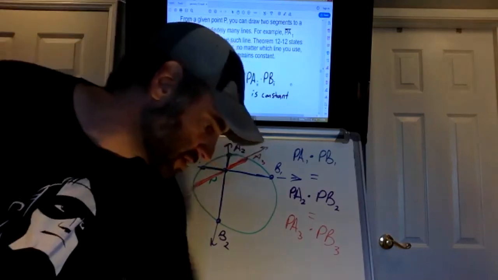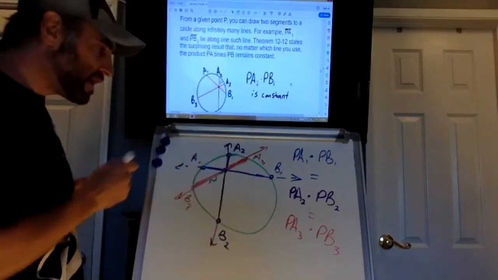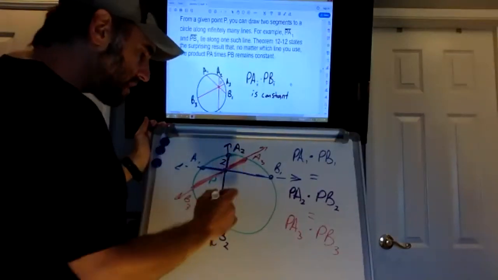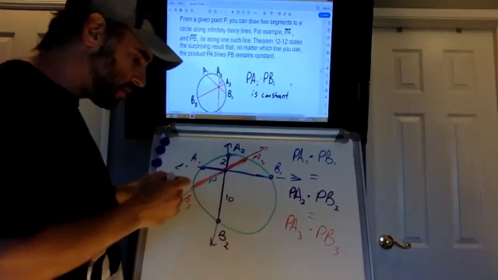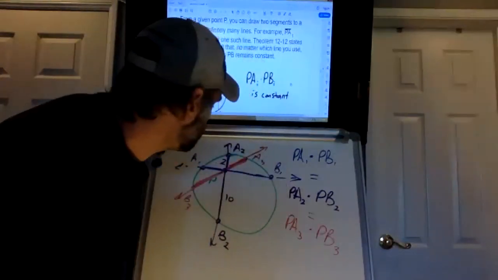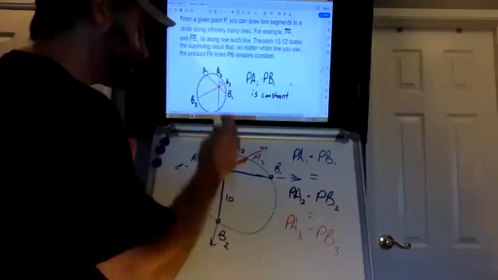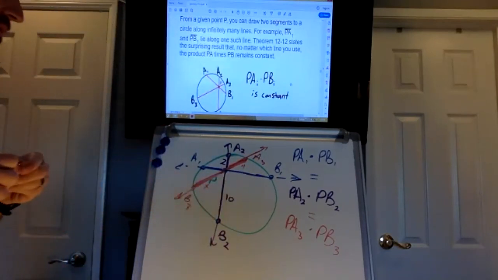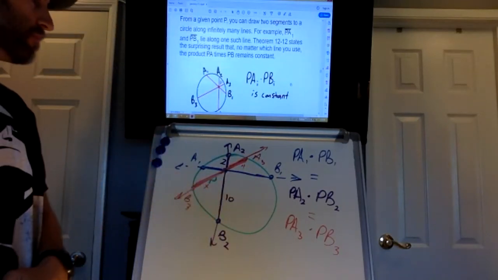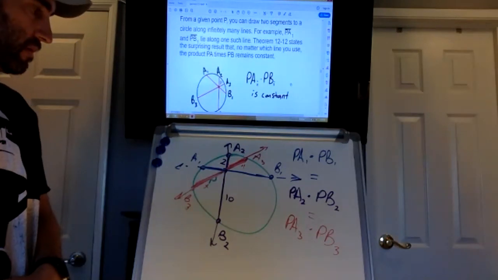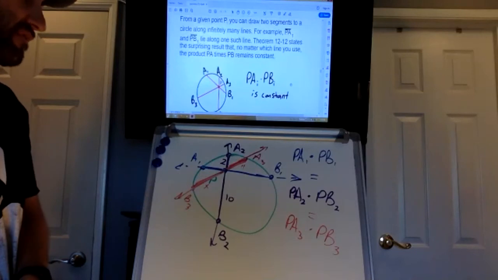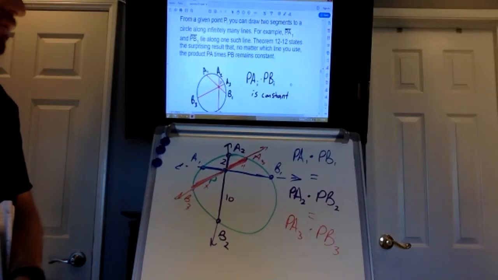So for instance, Daniel, if I told you that this was 2 and that this was 10 in purple, and I told you in red that this was 4, and this segment, we don't know how long that is. So you could do 2 times 10 is equal to 4 times x. Correct. So x now you know is 5, don't you? Yeah. That's what this all means.